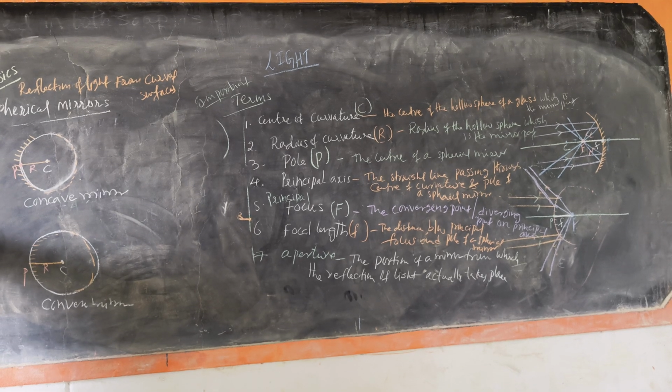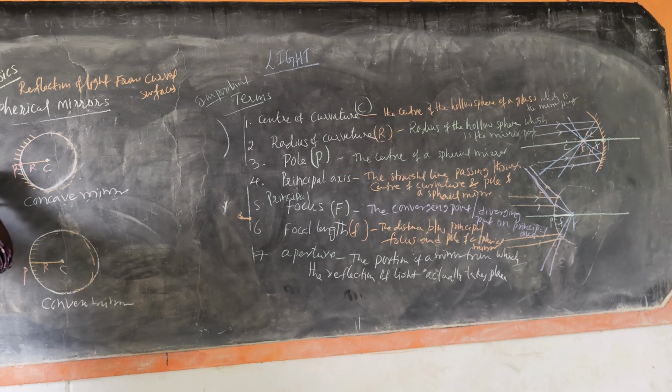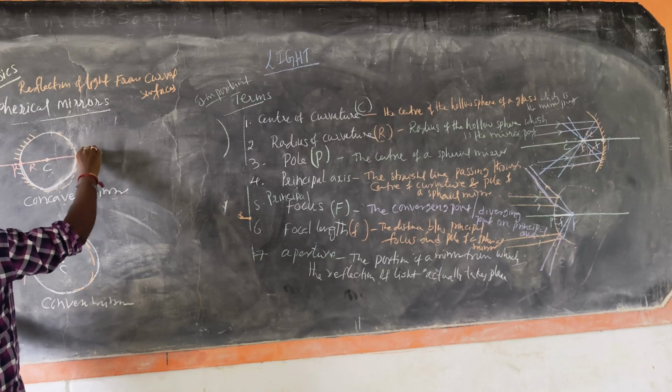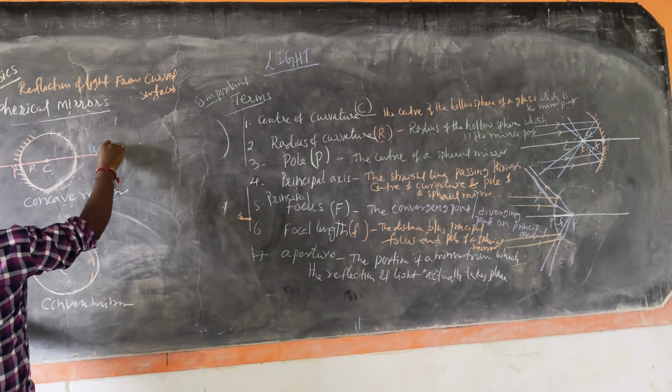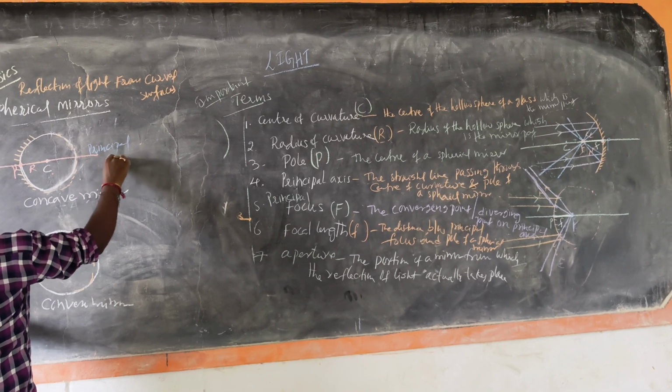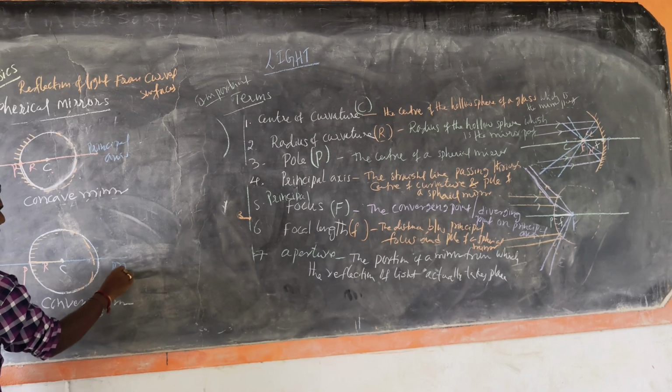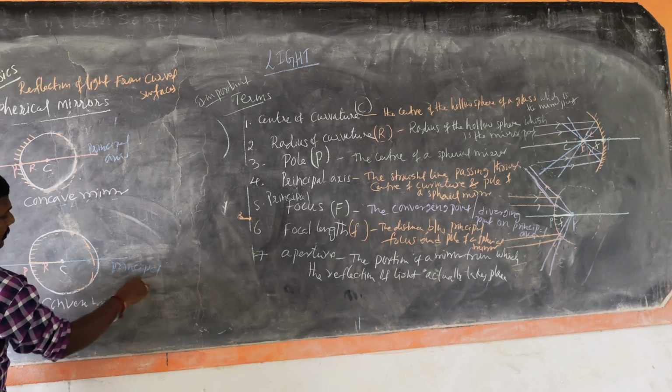Then principal axis: the line joining the pole and the center of curvature is called the principal axis.